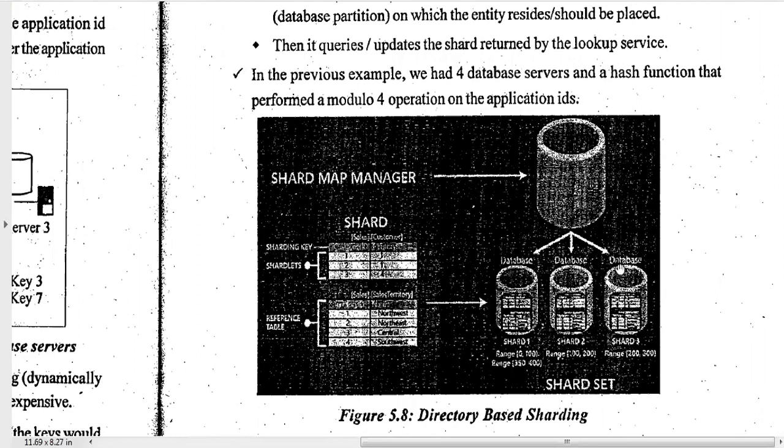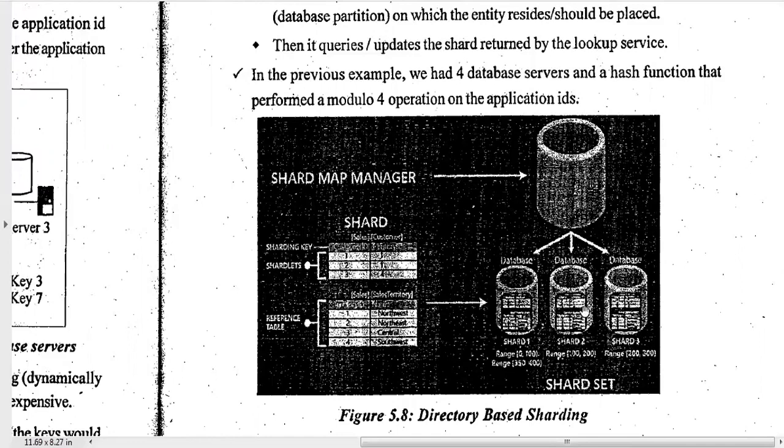You have shard 1, shard 2, and shard 3 in the database, each having a certain range of data, starting from range 1000. In the lookup, if your data falls in a particular range, that range will be identified and forwarded by the shard map manager.